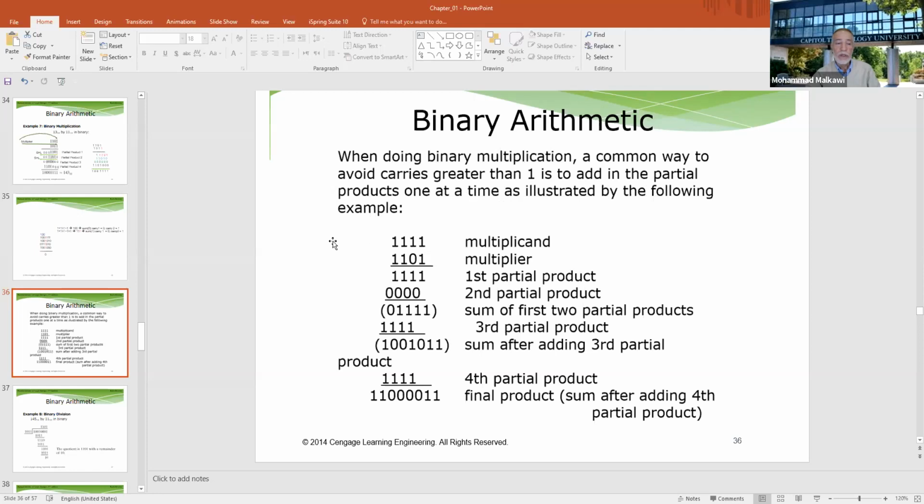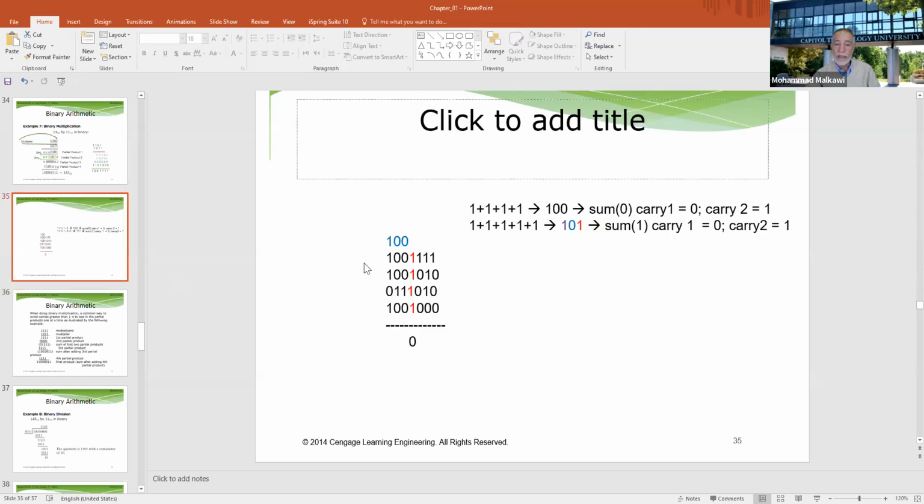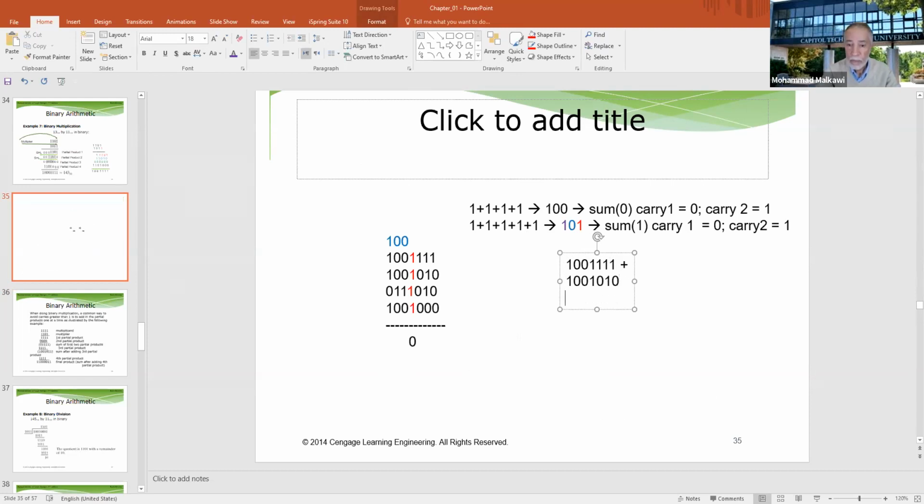See, instead of adding these 4 numbers, I will add 1001111 plus 1001010, and then I add these numbers and I get a result.